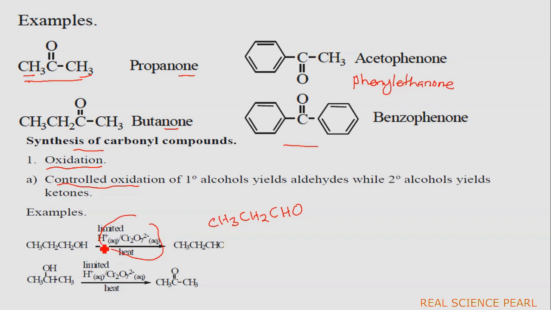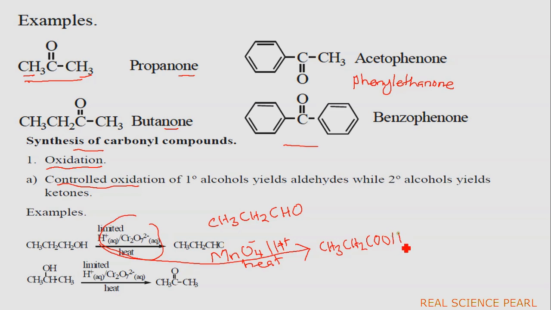But in case I decide to use acidified potassium permanganate here, it means I will not be in position to obtain a carbonyl compound, but instead I'll get a carboxylic acid, which is none of my interest.